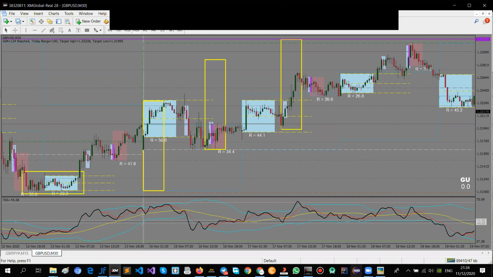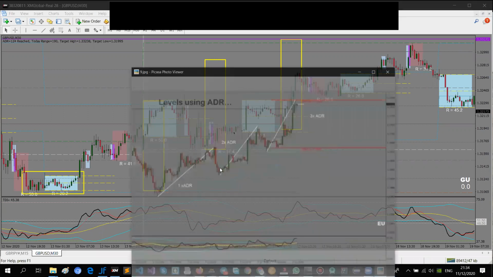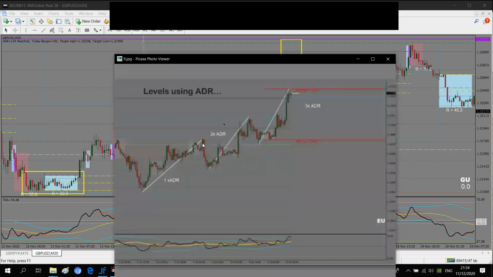That's what happened here. This is just the same idea. We can either use those rectangles or these trend lines. Just the same thing. We measure out one trend line with the actual value of the ADR for that pair.